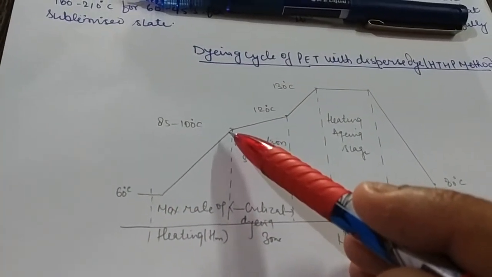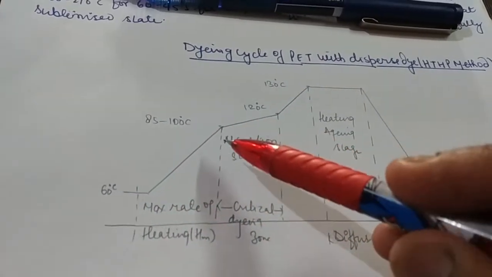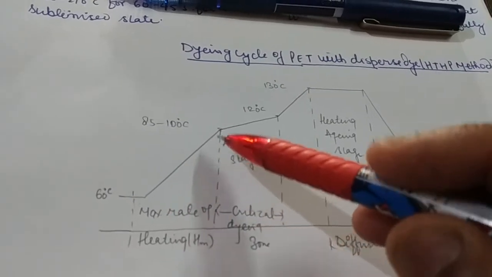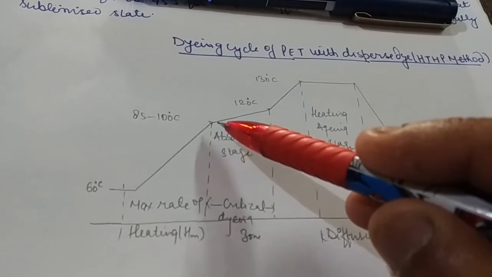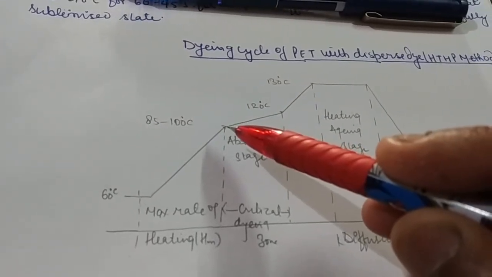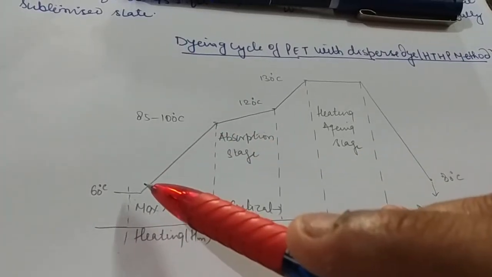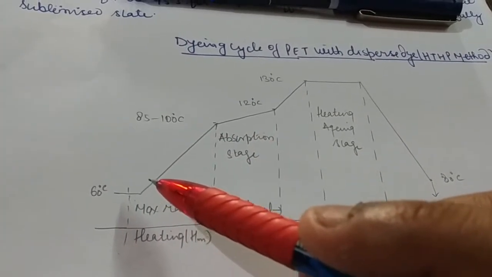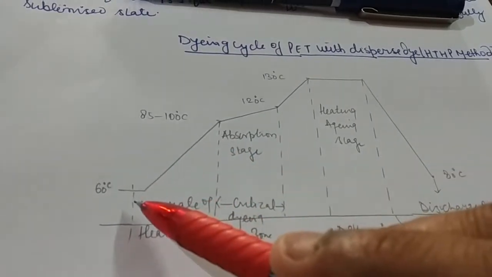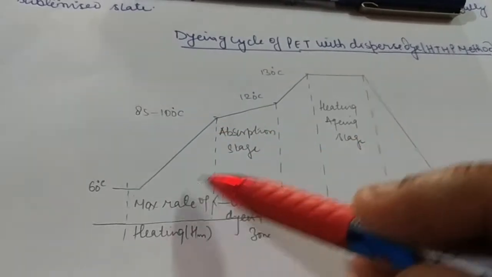with a high rate, that is, the heating rate is maximum from 60 to 85, because up to 85 degrees centigrade, near the glass transition temperature, there is no dyeing, as the sufficient opening required for dyeing is not present. That's why we increase the temperature with the maximum rate of heating.